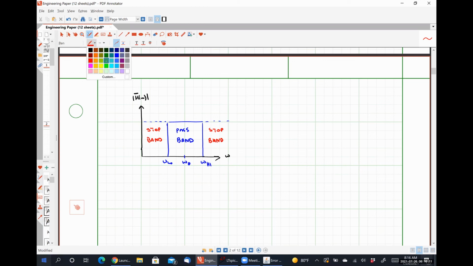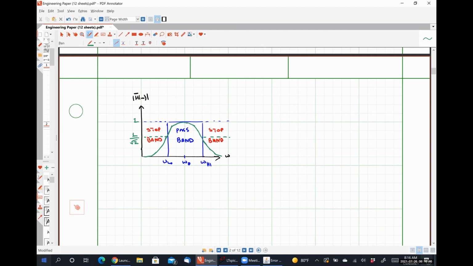For our practical circuit, it would look something more aligned with this. Where if this value is 1, this value is 1 divided by the square root of 2.